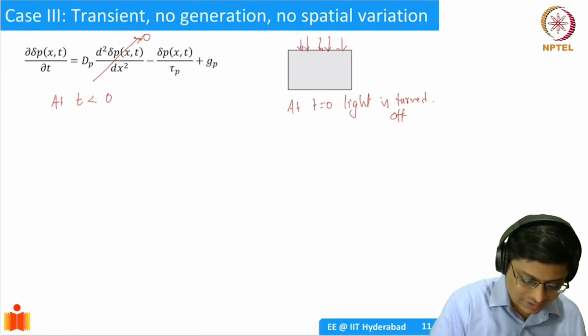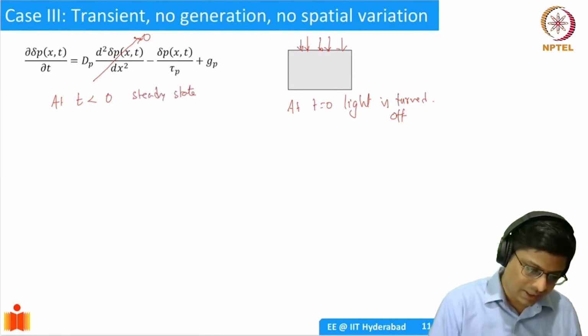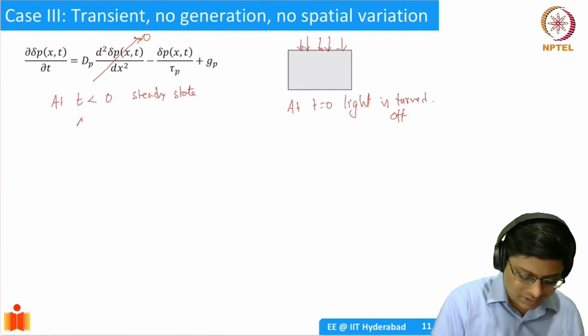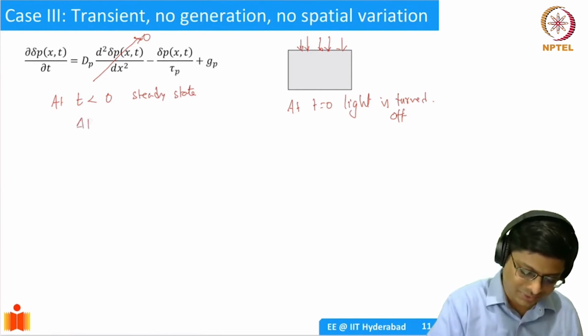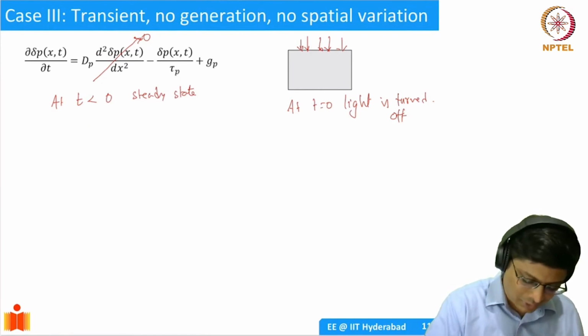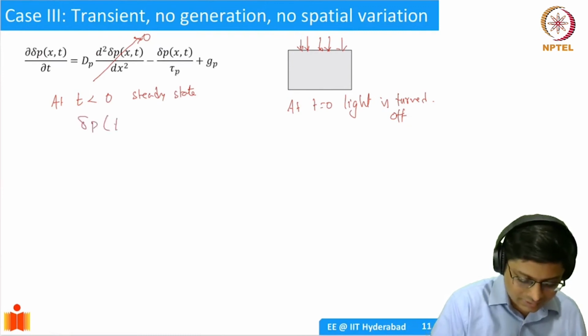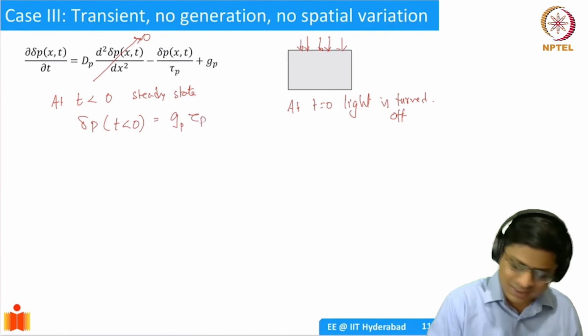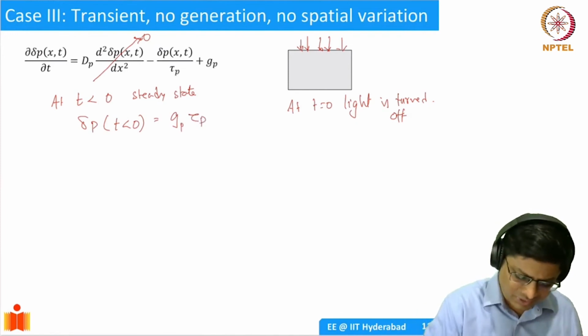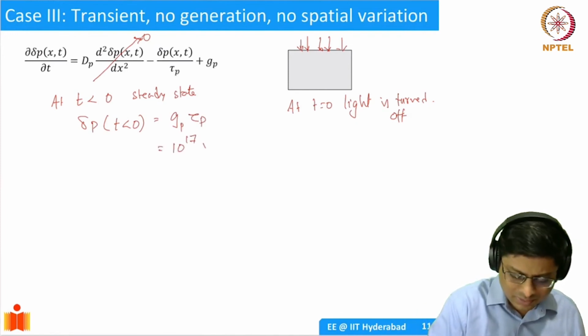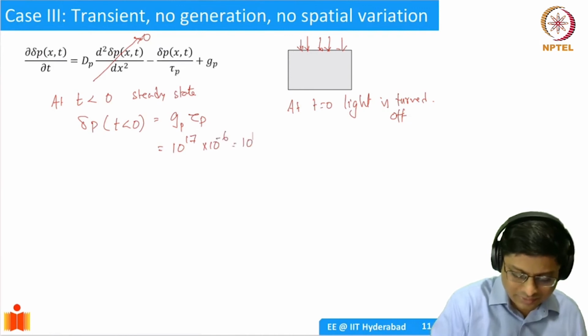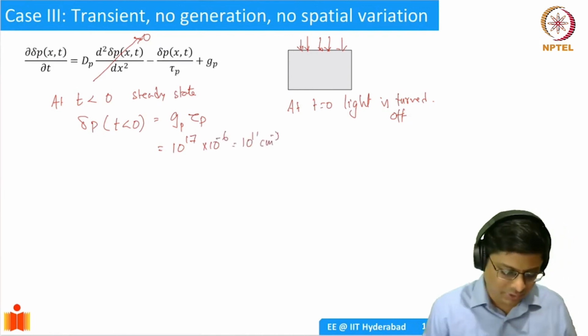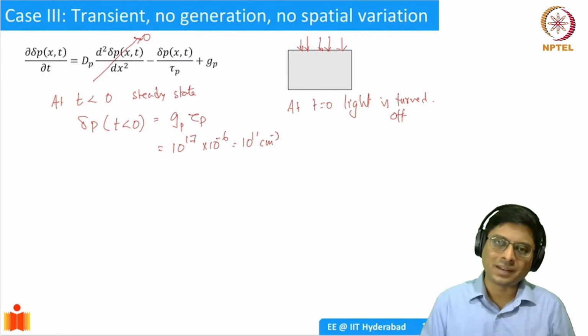So there is steady state for time less than 0, and therefore delta p, I should not use capital P, small p, delta p at t less than 0 is going to be simply generation rate, Gp times tau p. Let's assume the same generation rates. We were using what? 10 power 17 times 10 power minus 6. It's going to be 10 power 11 per centimeter cube. This is at time t less than 0.